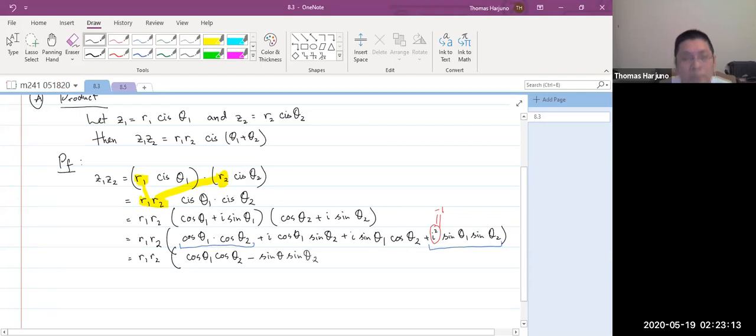That's for the real part. While for the imaginary part, I will factor the i out. So plus i times cosine theta 1 sine theta 2 plus sine theta 1 cosine theta 2.